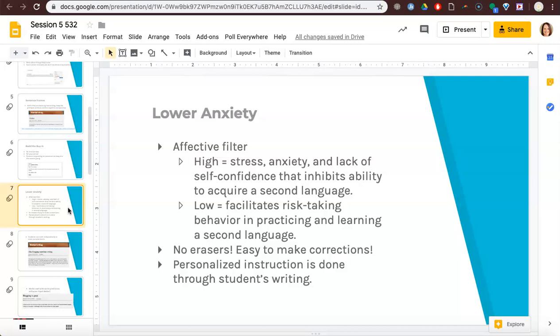So it's more harm than good, and it's pretty defeating too. So when you're blogging, you move a cursor, add a sentence in, erase a sentence. It really helps facilitate students getting all their ideas out, and focuses more on the idea and content of the writing than the actual physical handwriting or the physical typing. And then personalized instruction can be done through the student's writing.